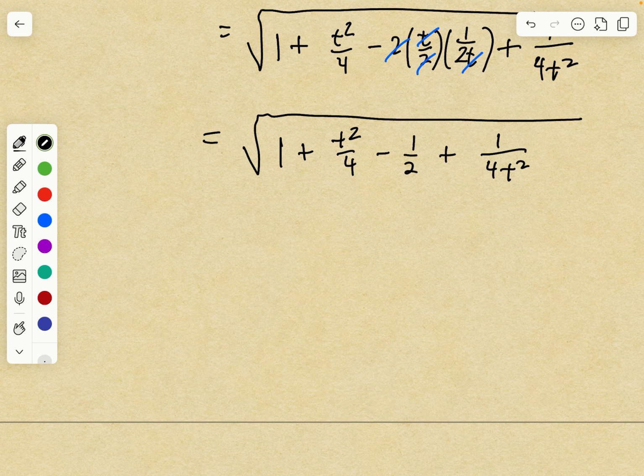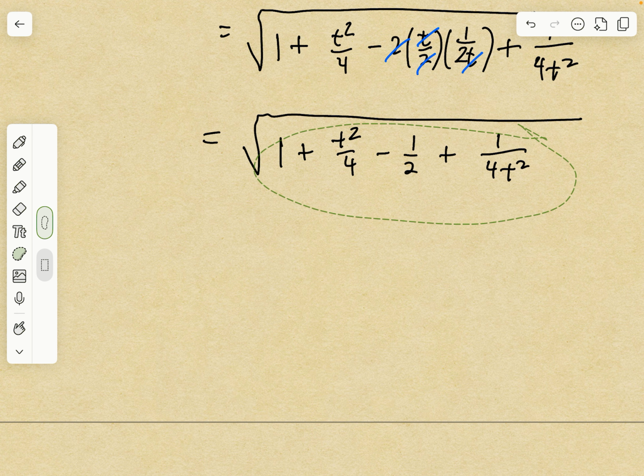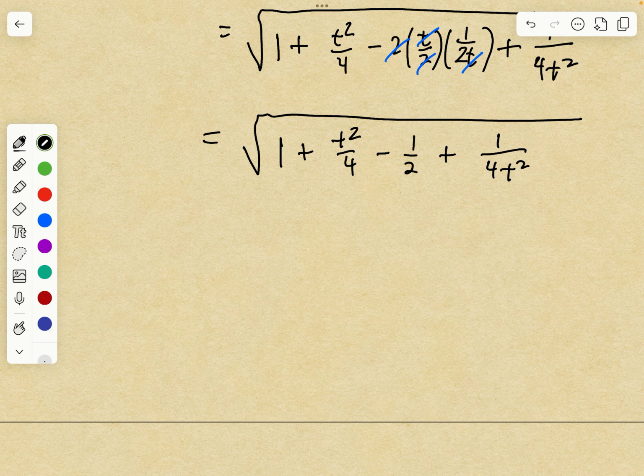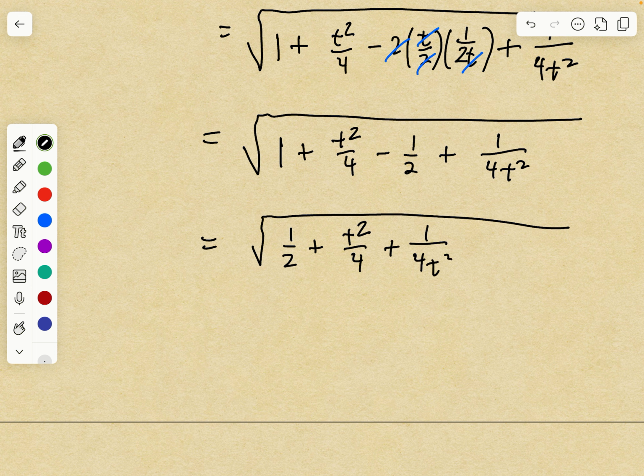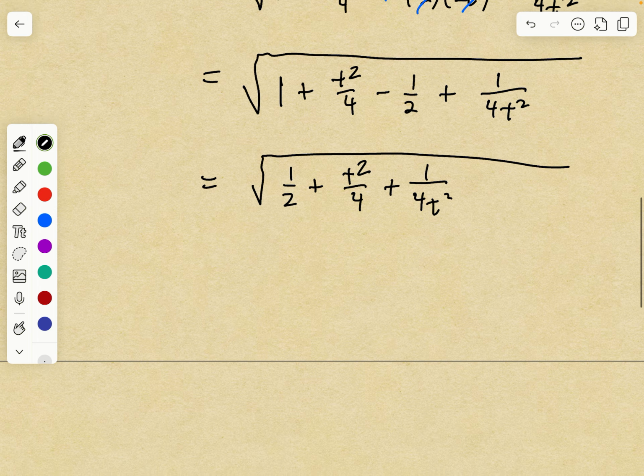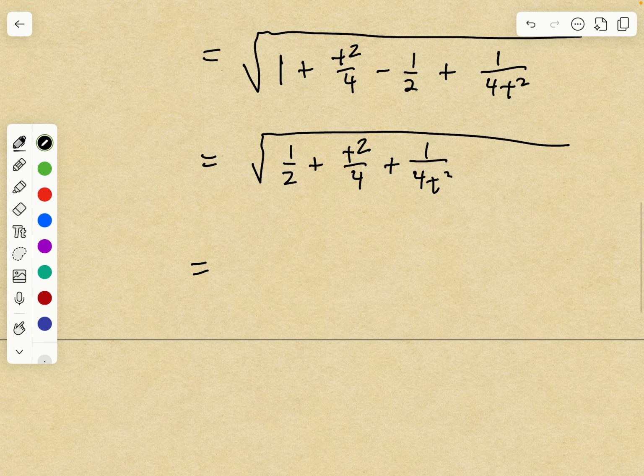Basically the trick is that we're going to rewrite the thing inside the square root as something squared. And then when you take the square root, those will undo each other. So we have to work with the inside. I see a 1 minus 1/2, so I can rewrite this as 1/2 plus t squared over 4 plus 1 over 4t squared. Now to simplify this, let's write everything in terms of a common denominator.